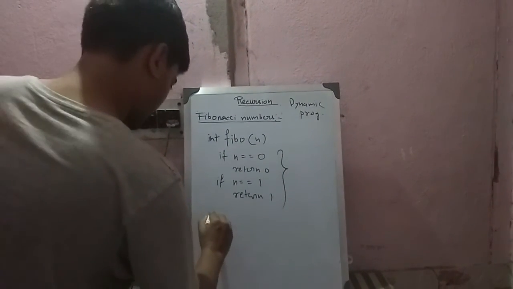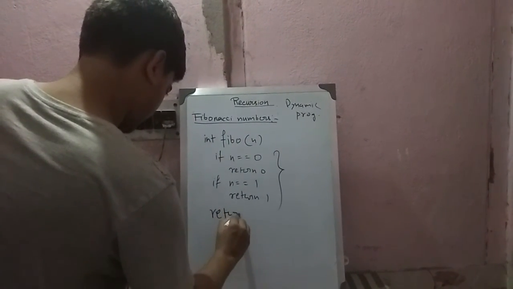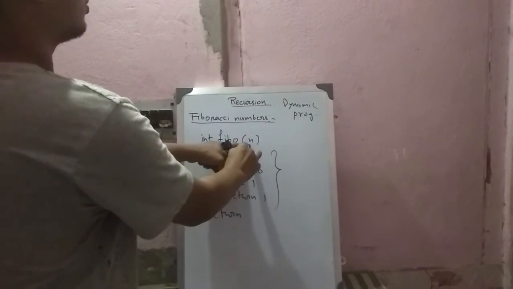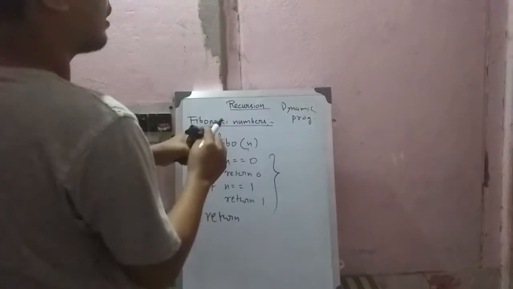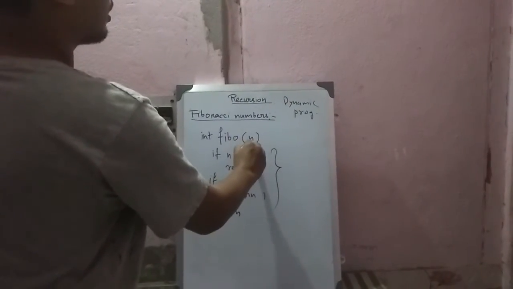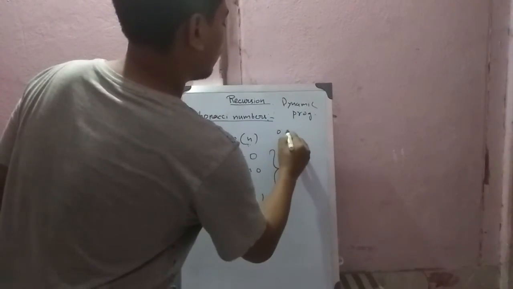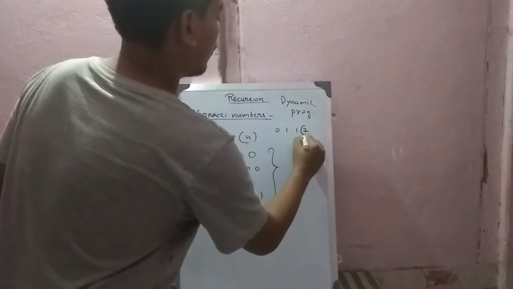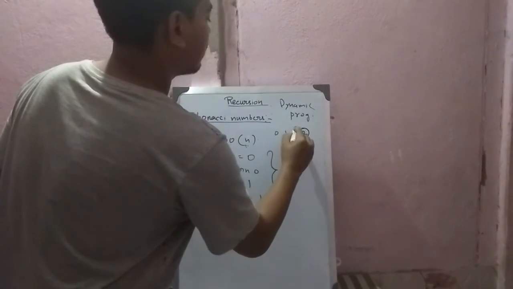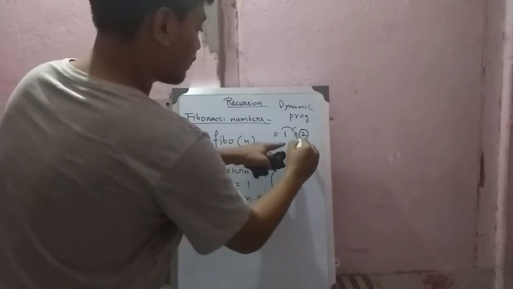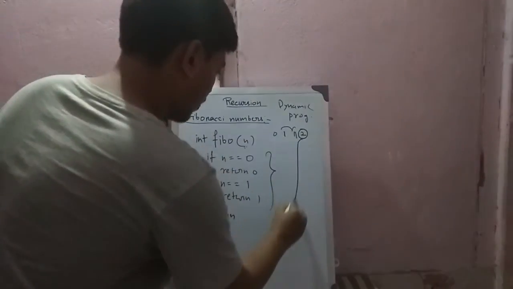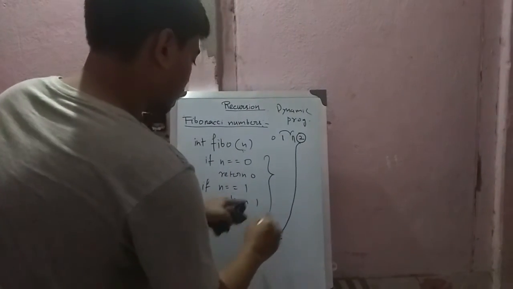And then again return. You have to determine the subproblem. So you see 0, 1, 1, 2. How do you get 2? By adding the previous two elements, 1 and 1. So how do you determine this by code?